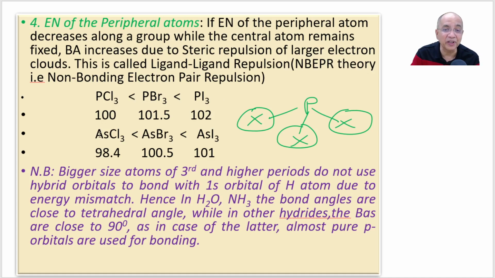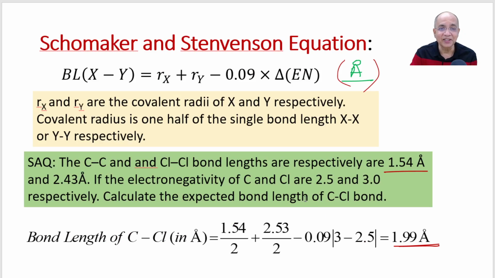Chlorine, bromine, iodine: increase. Similarly, arsenic chloride, arsenic bromide, arsenic iodide: there is an increase. All are greater than 90 because of this NBEPR, and among them, as the size increases and electronegativity decreases, the bond angle increases.